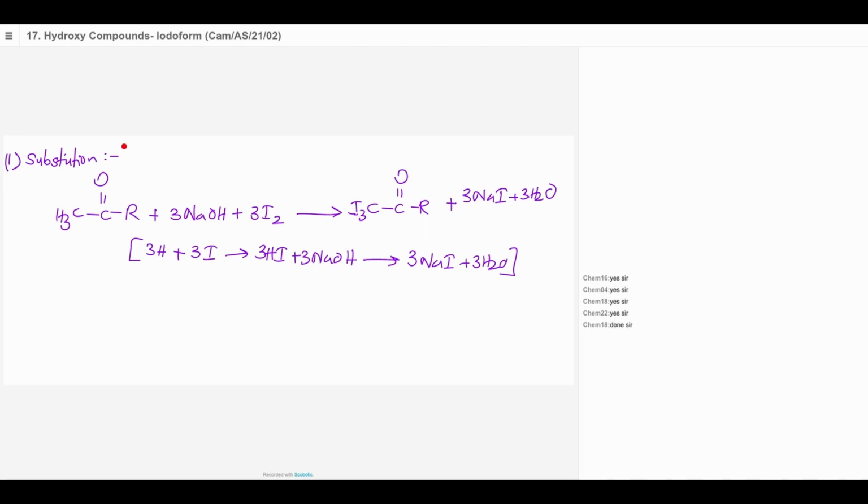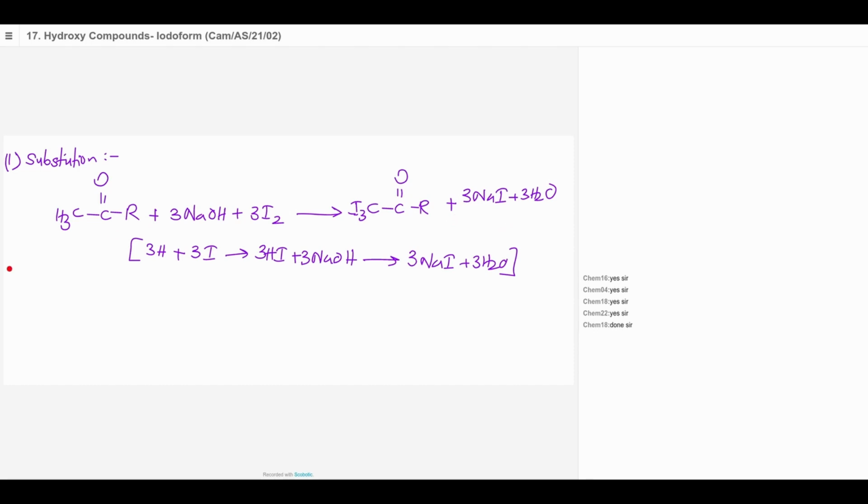And then there'll be 3 hydrogens removed. We add in 3I2, there'll be 3 iodine atoms remaining. 3 hydrogens will react with 3 iodines to form 3HI, 3 hydrogen iodide, which is acid, which will be neutralized with 3 NaOH, right, to produce salt and water, 3 NaI, 3 H2O. That's the first stage of substitution.